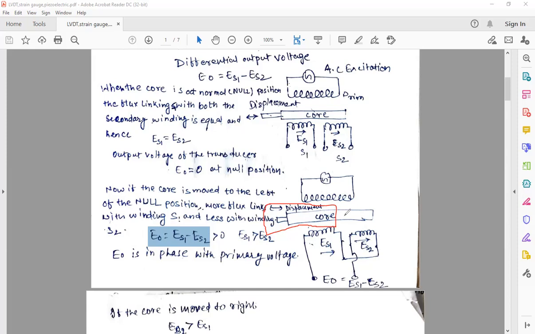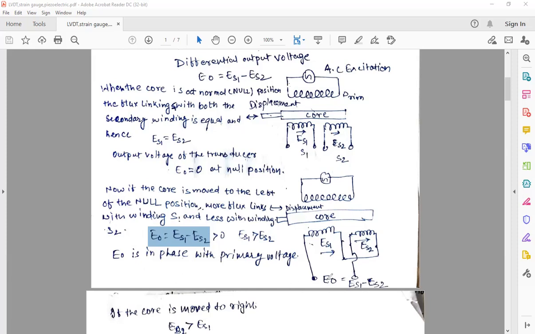That means the movement of the transformer core decides the output voltage of the LVDT. So if the core is moved from the null point to the left, there is a positive voltage, and E0 is in phase with the primary winding.